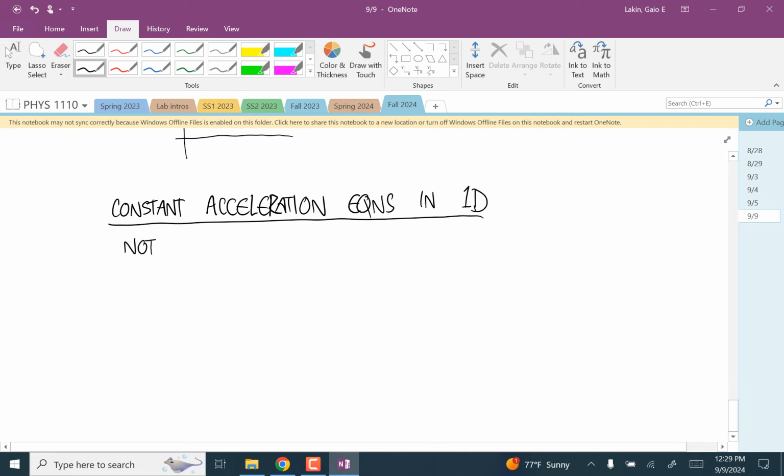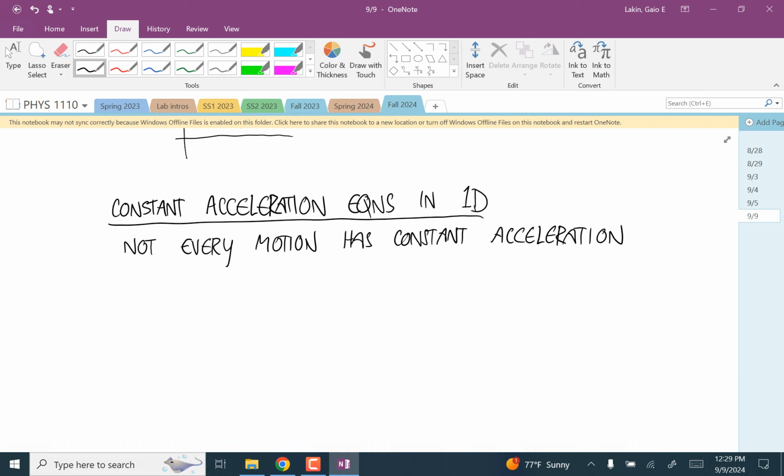So not every motion has constant acceleration. And the most notable case that we'll deal with in this class that's not constant acceleration is circular motion.